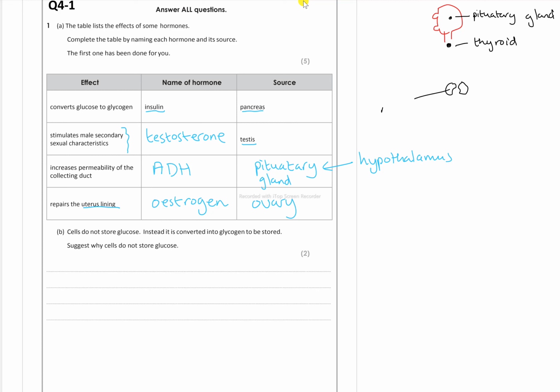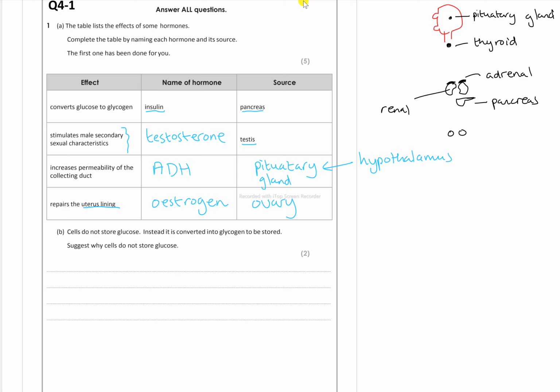The word renal is related to kidneys, so just next to those are the adrenal glands. Then you've got this comma shape, and that is the pancreas.